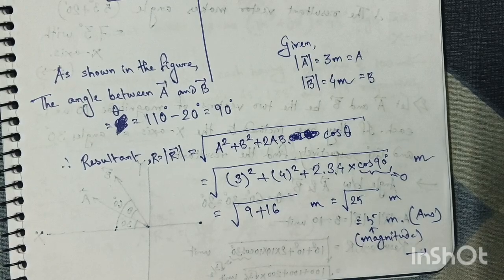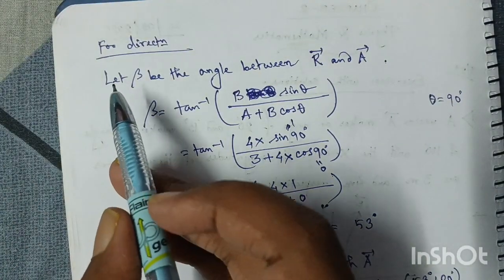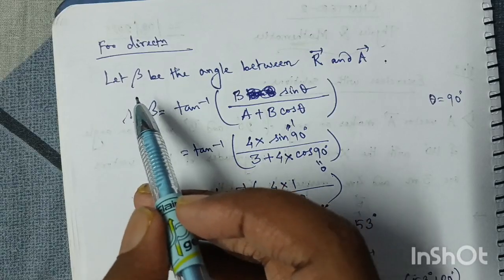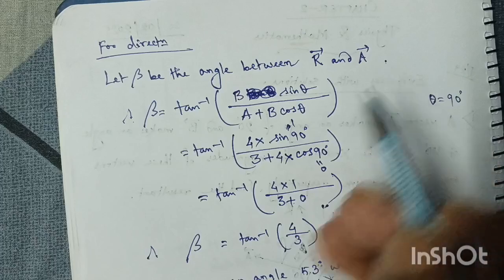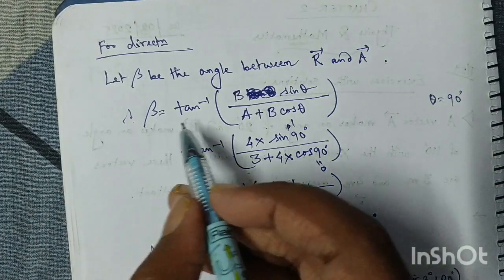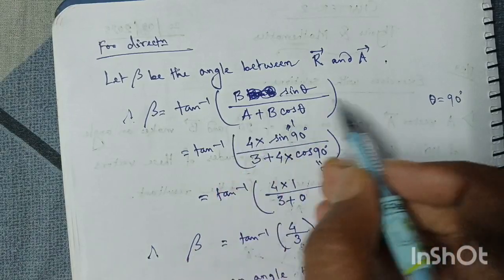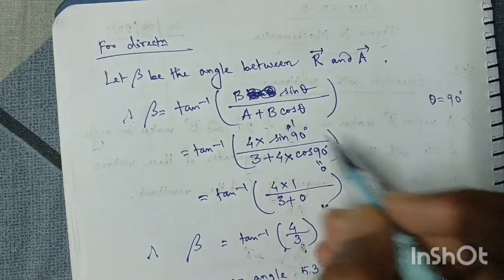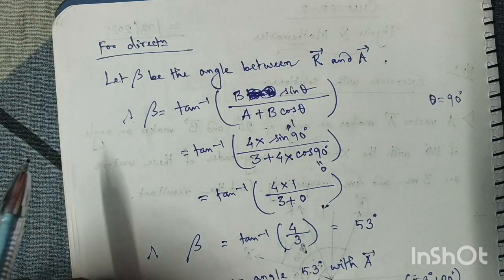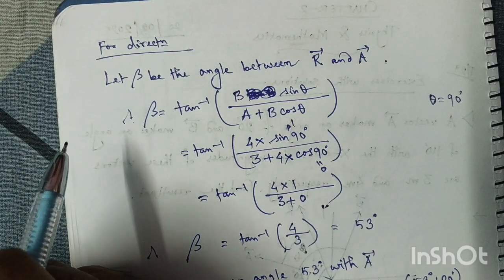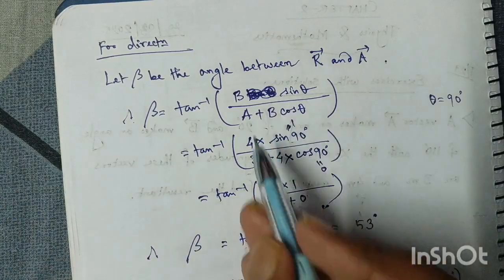Now to find the direction, we say that beta is the angle between R and A. Therefore beta equals tan inverse of B sin theta divided by A plus B cos theta, as you know from the formula for the resultant vector from the chapter on vectors.